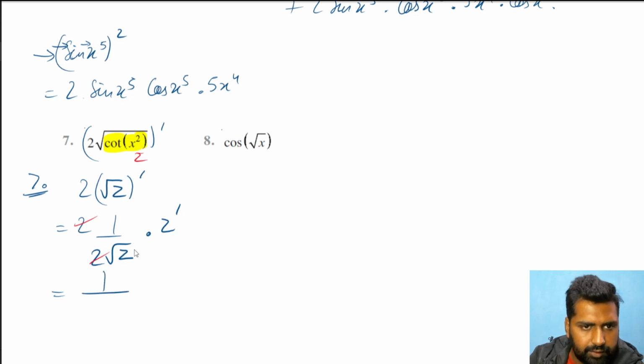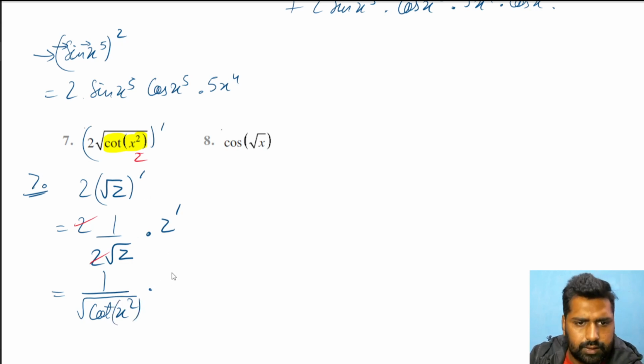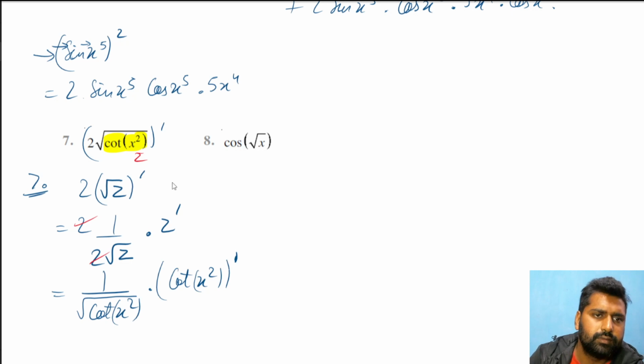So basically 1 by root z. What was z? Cot x square in square root. Remember, x square is inside cot. And differentiation of cot x square. Differentiate that. So now first function is cot, leave it. Whatever is present inside, consider that to be your new z.